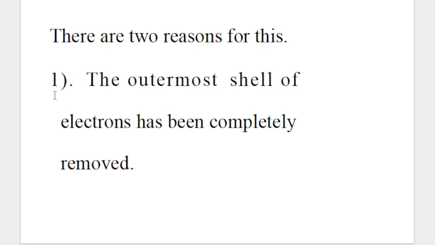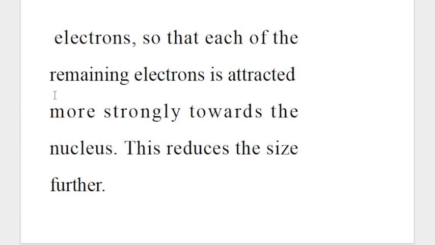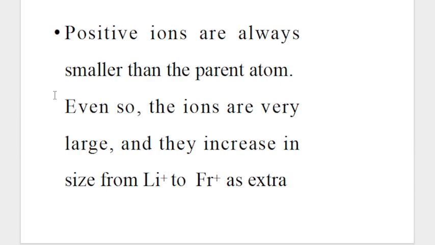There are two reasons for this. The outermost shell electron has been completely removed. Having removed an electron, the positive charge on the nucleus is now greater than the charge on the remaining electrons, so each of the remaining electrons is attracted more strongly towards the nucleus. This reduces the size further. Positive ions are always smaller than their parent atoms.